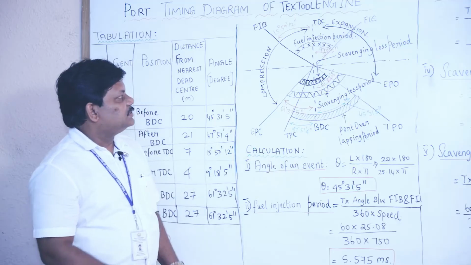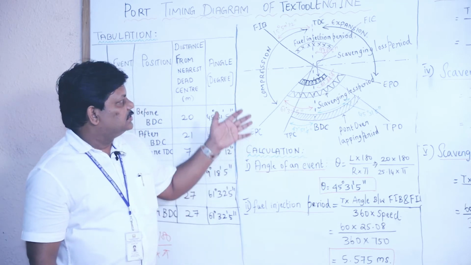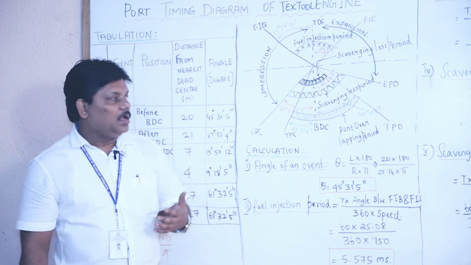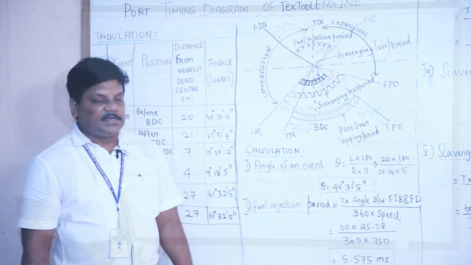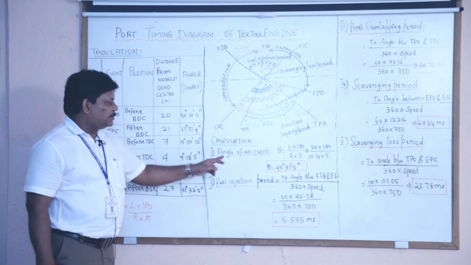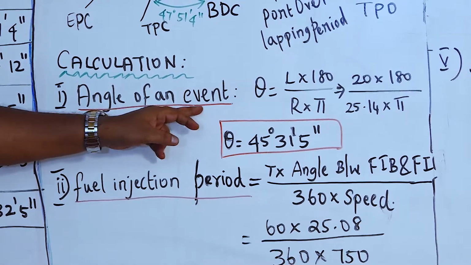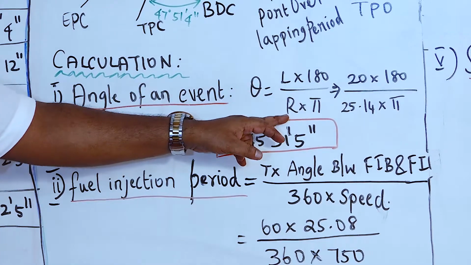You can see the same suction, compression and expansion in the working stroke, that is the power stroke, and the exhaust stroke, all in the port timing diagram. When you go for the calculation part, as I said earlier, the angle of event is represented by the formula theta is equal to L into 180 divided by R into pi.